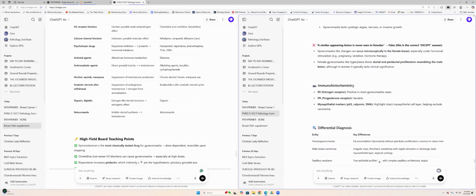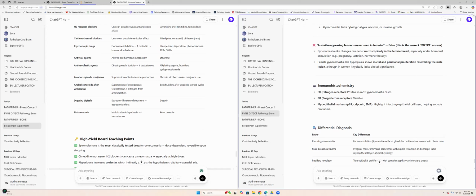Gynecomastia is never found in females. You don't call it gynecomastia in females, but you can have a similar lesion. Gynecomastia-like changes can occur microscopically in female breasts, especially under hormonal stimulation, for example pregnancy, lactation, hormone therapy.